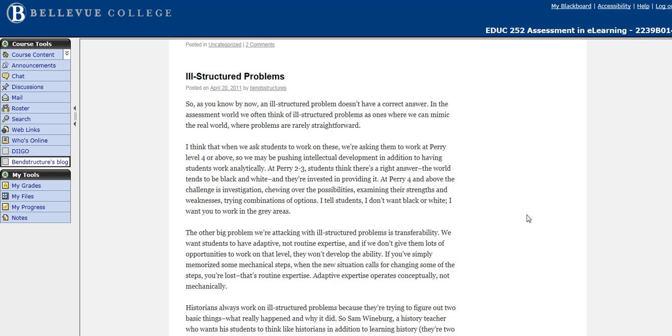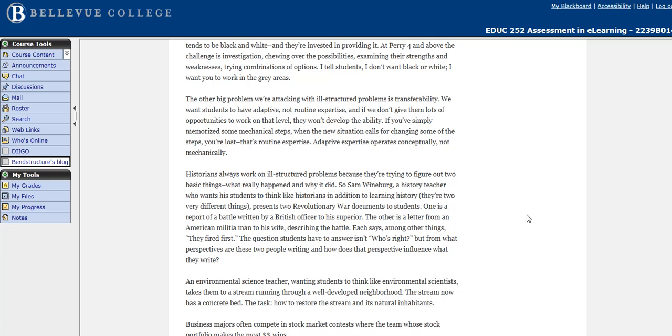And eventually we will solve it as it relates to our own personal biases, prejudices, worldviews. And most ill-structured problems are probably transferable to the way we deal with all problems in our lives.